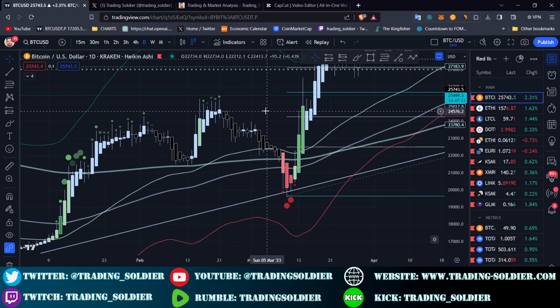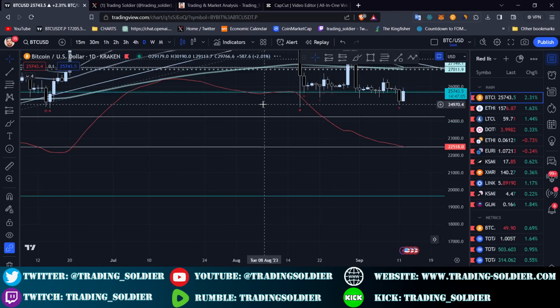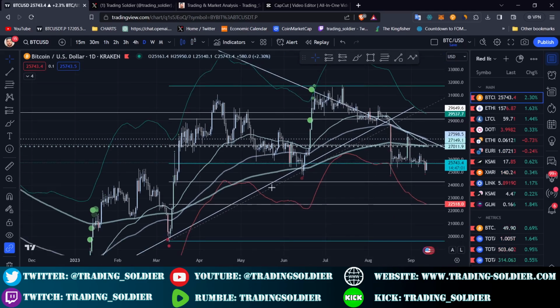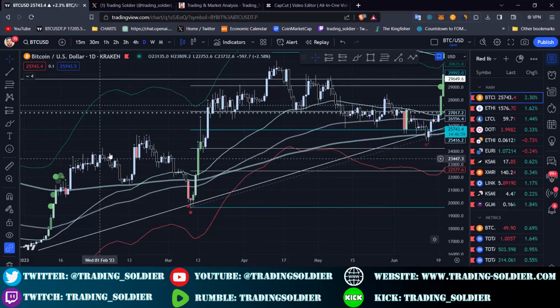So if you train your brain to spot these trend changes in the Heikin Ashi chart, you can use them as a confirmation for entering a trade in a normal chart, okay? Because here, if you see, these points are much more noisy, okay?